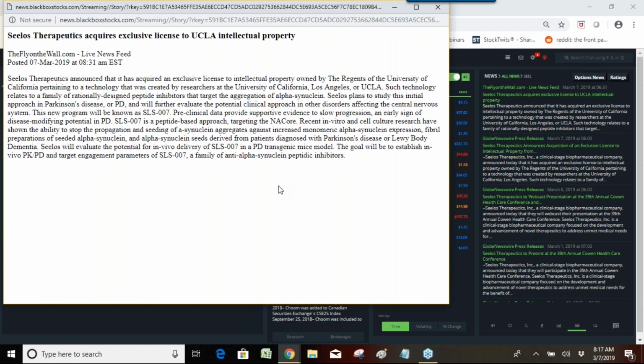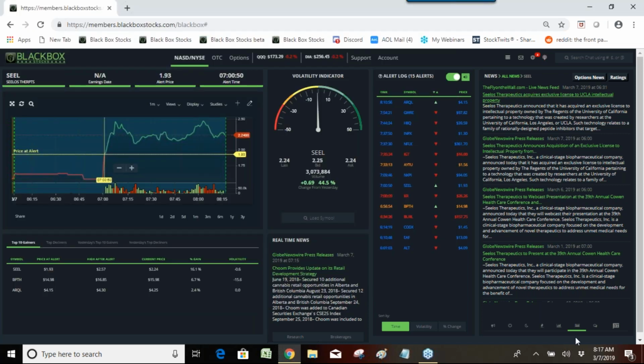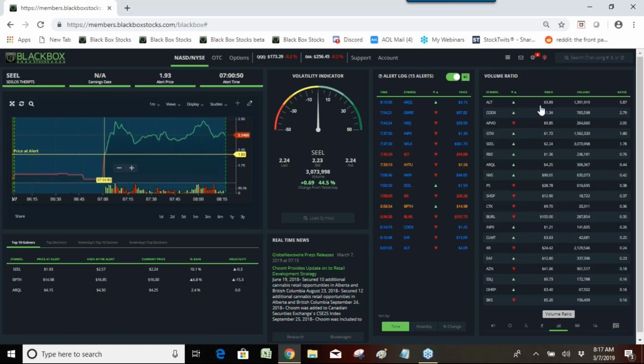I'm constantly going, okay, why are these things moving? Does it feel like it can keep going? What's the volume on these things? So we got news there. Click the volume ratio real quick. SEAL's traded 1.78 times its average.